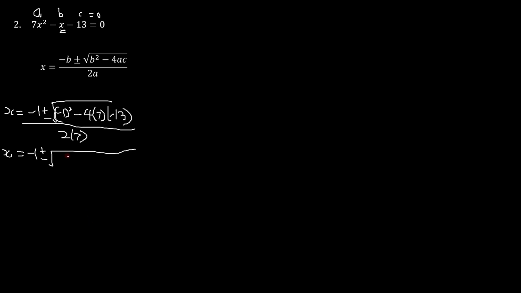So we're going to write 1 here. So minus 4 times 7 is minus 28. So minus 28 times minus 13 is 364. Over 2 times 7 is 14, so we write 14 here.